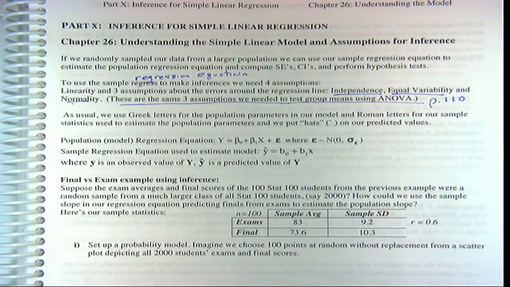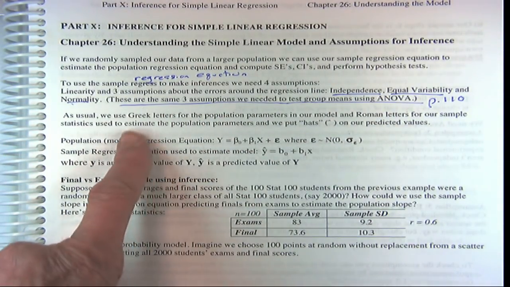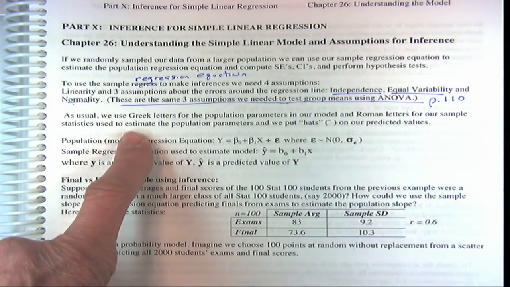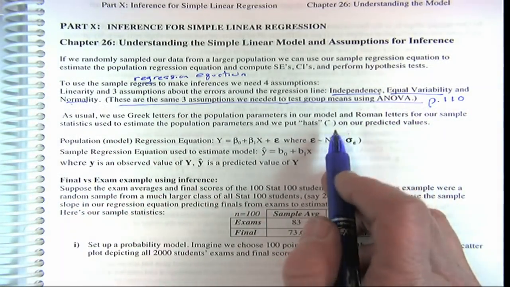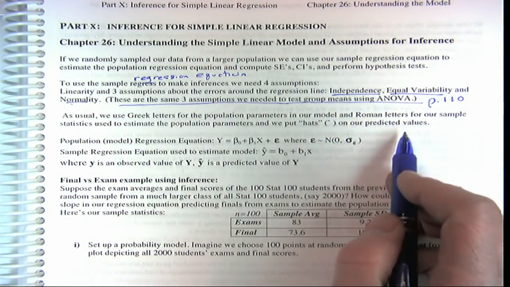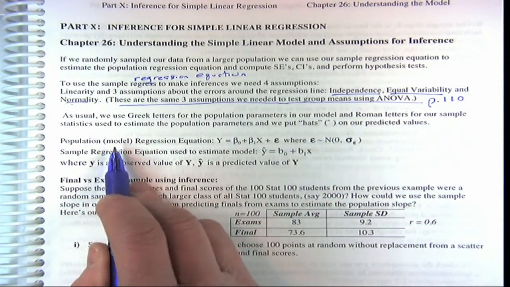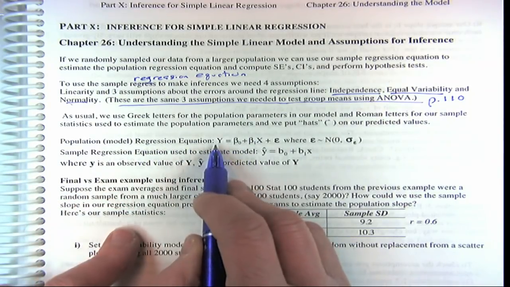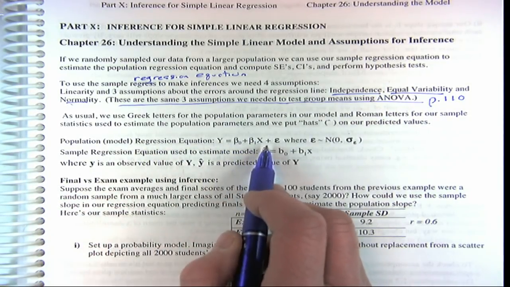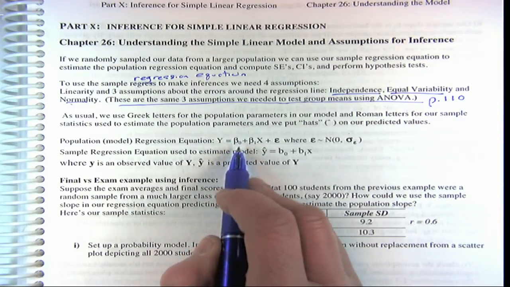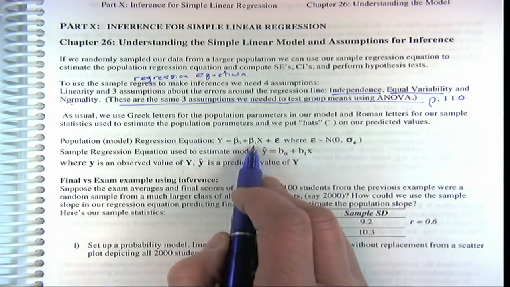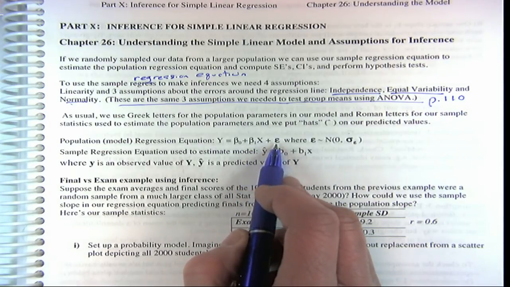All right? So, as usual, we're using those Greek letters for the population and the Roman letters for our sample, and then we're going to put these little hats on our predicted values. So here's the whole population from which we took a sample. We have this regression equation where y equals some intercept and a slope times the x plus errors.